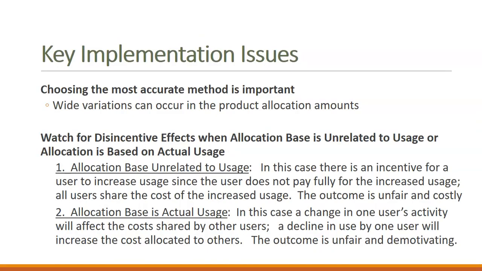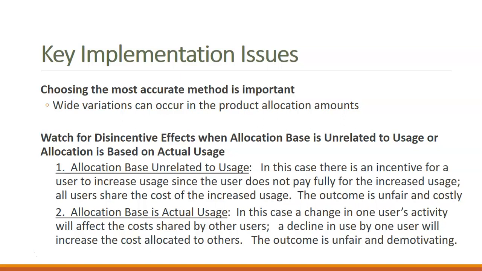What implementation issues we have is that wide variations can occur in the product allocation amounts. So we really want to make sure that we're choosing the method that really shows a cause and effect relationship. We have incentive to increase usage on one or the other.